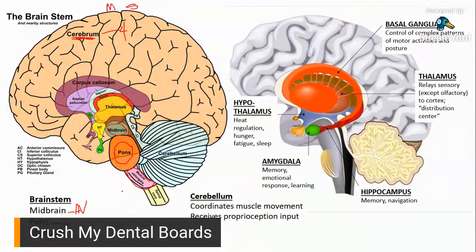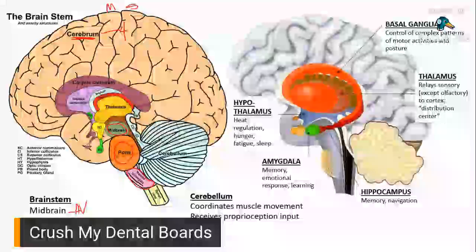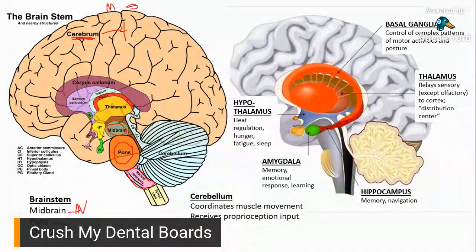The medulla right here is responsible for a lot of things. It's responsible for blood pressure regulation, breathing or respiratory function, and reflexes.